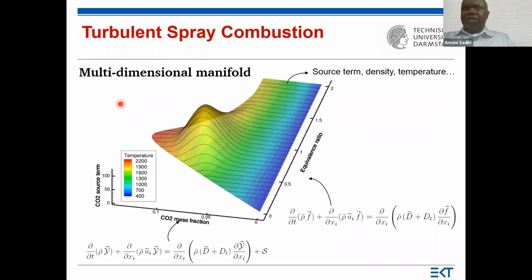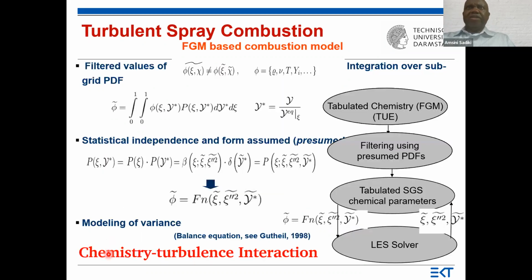Normally this quantity is a function of the mixture fraction and the progress variable, and this quantity is not equal to this one, because we have a very big interdependency of the quantities, and it is non-linear, so that we can only get this filtered quantity by calculating the PDF. So it is a statistical dependency.